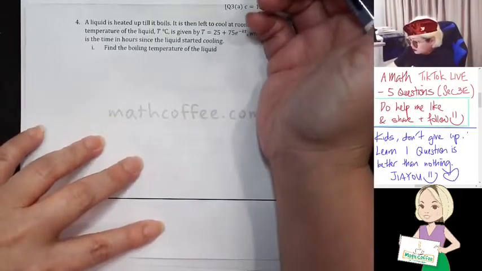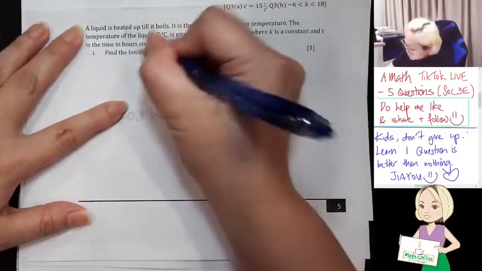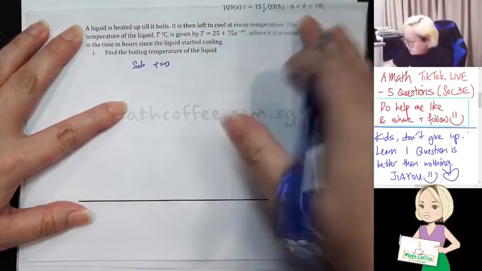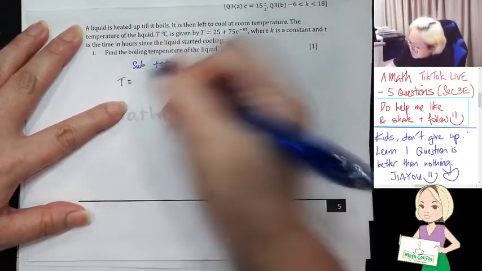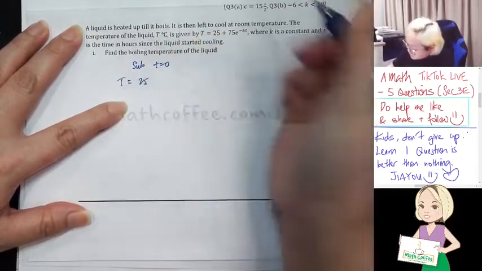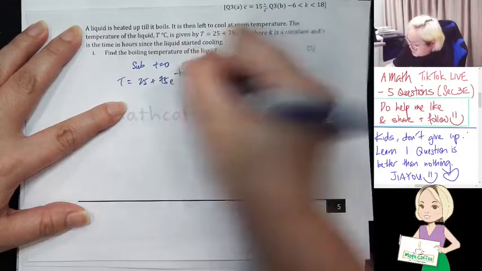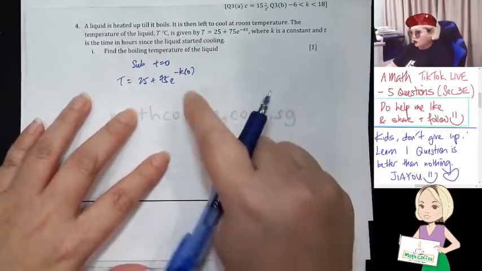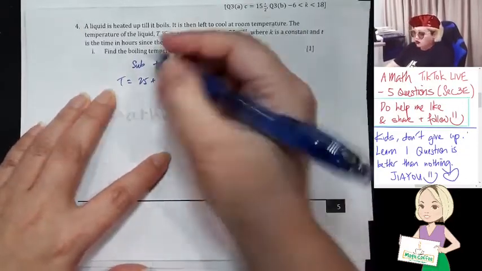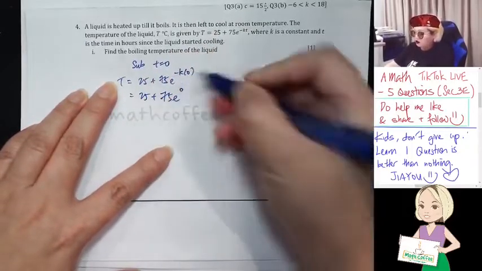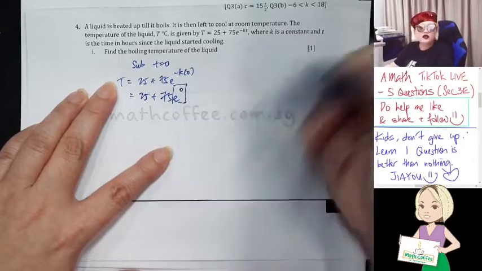So over here, sub in t equals 0. So T will be equal to 25 plus 75 e to the power of minus k times 0. Anything times 0 gives me 0, correct? So it will be 25 plus 75 e to the power of 0. e to the power of 0 is 1.